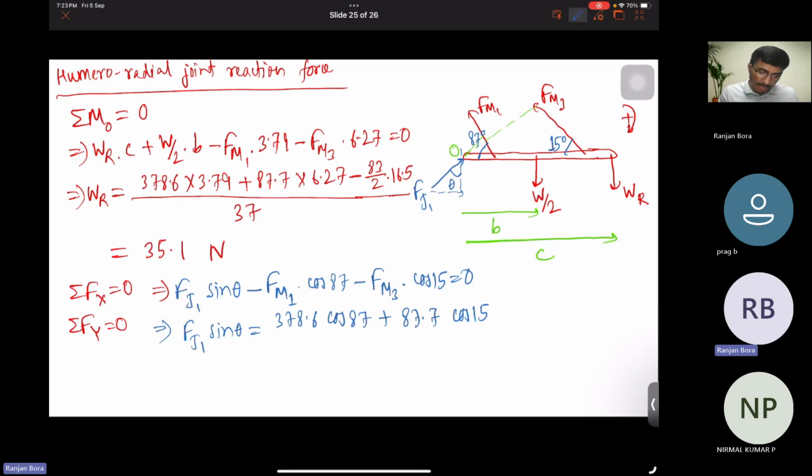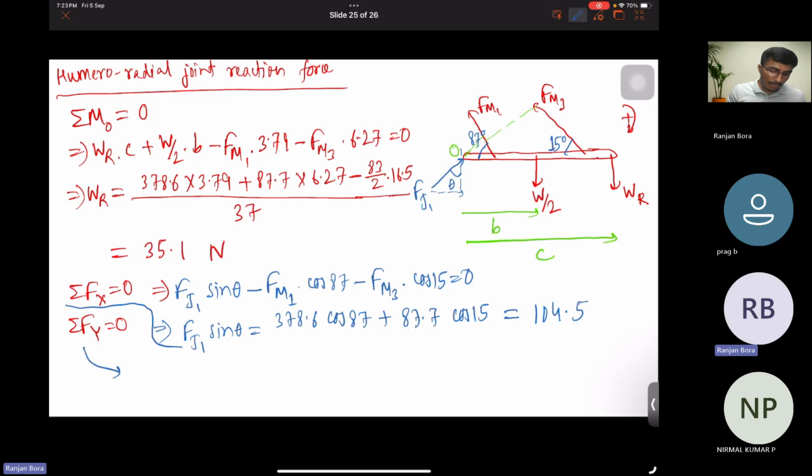If we evaluate this, it will be 104.5. So this is coming from the equation summation Fx is 0.